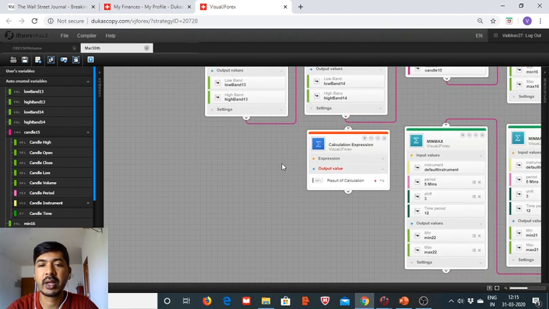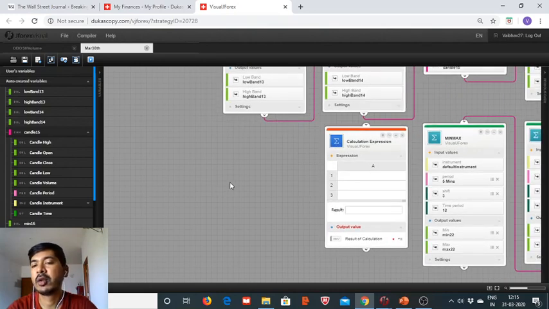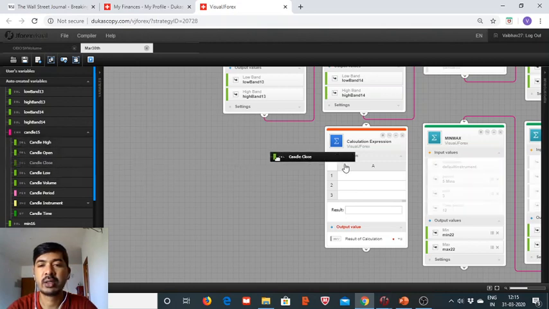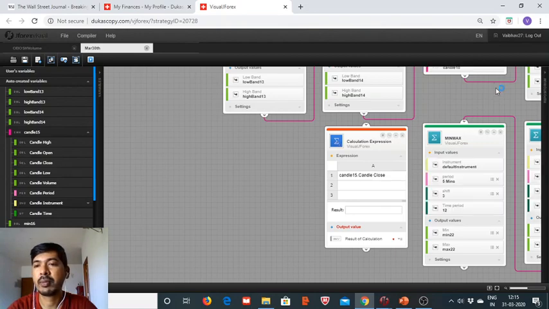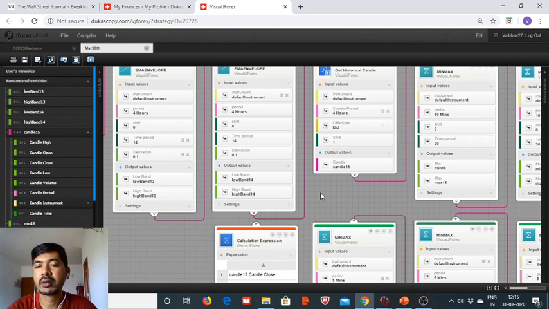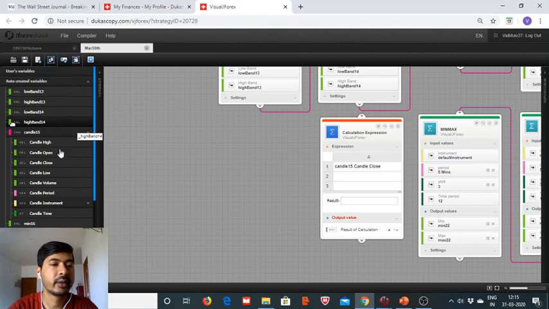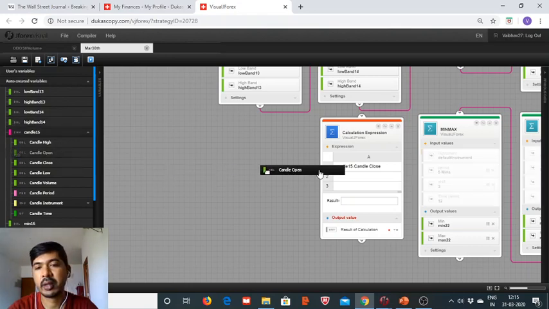So when the candle will be closing in green, we will be deducting the candle open price from the candle close price. So here is the candle 15 candle close. Candle 15 is this prior candle of 4 hours, and minus candle open.